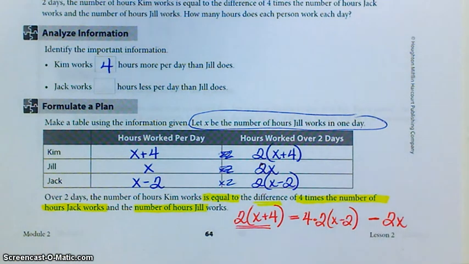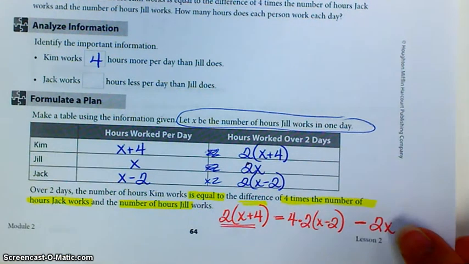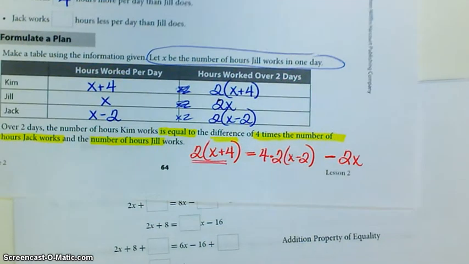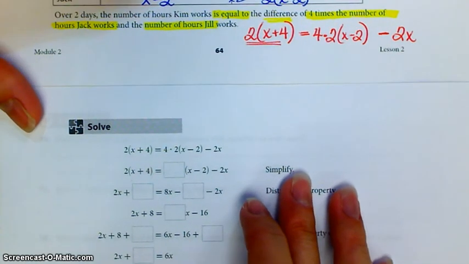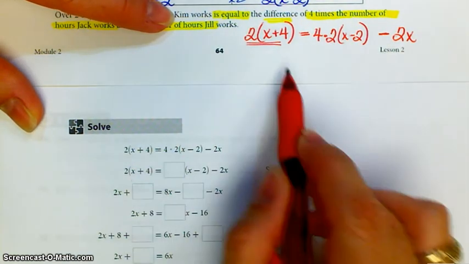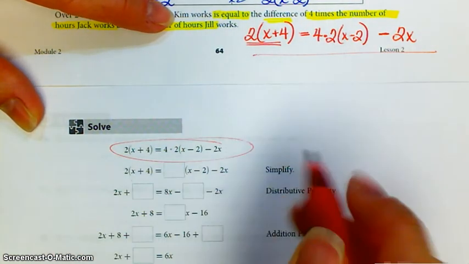Okay, and once we get that sorted out, that actually carries us to the next page. So there's our equation right here. And that's what they start with right there.